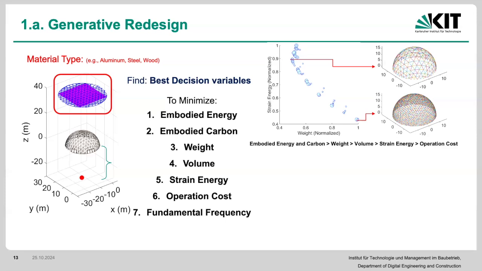A few years ago it was not as important as it is today, but it was easier to say, okay, weight is more important to us than embodied energy. Yes, it's easier to rank order them rather than put an exact number beside it and say the weight of embodied energy to volume is 2 to 1.